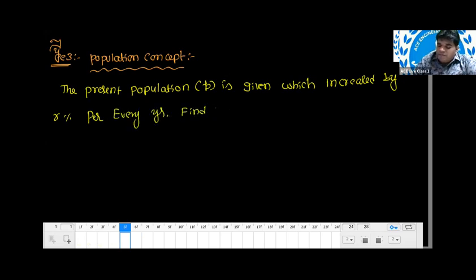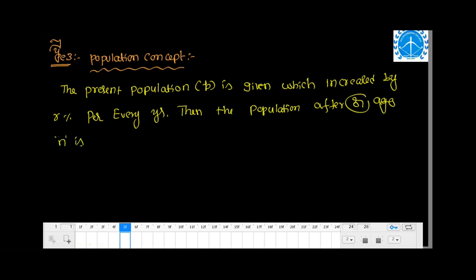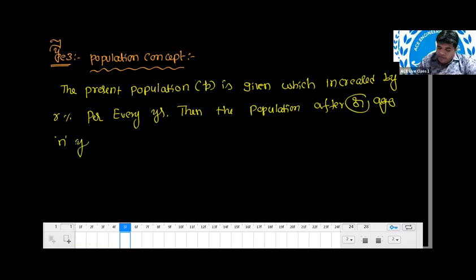Find the population after n years. If it increased by r percentage per every year, then the population after n years will be... Okay, this is the concept.